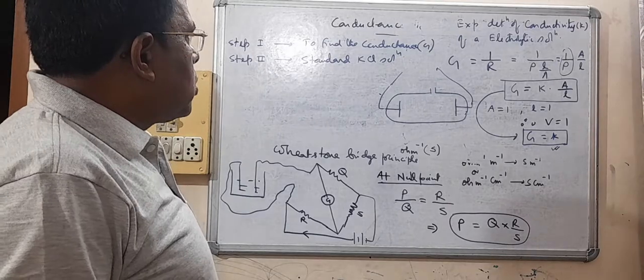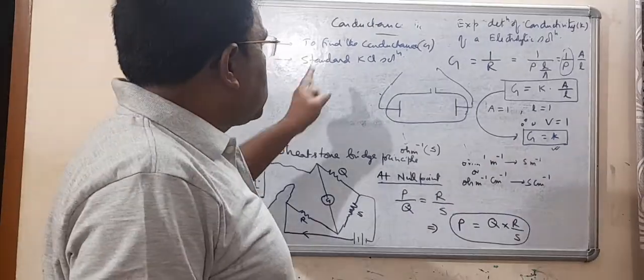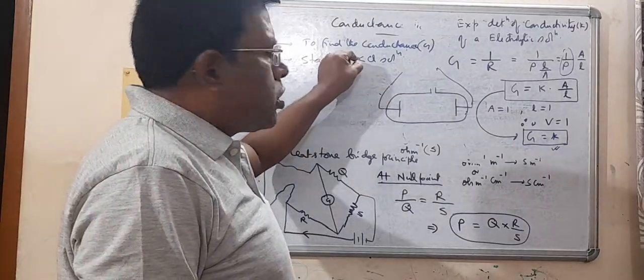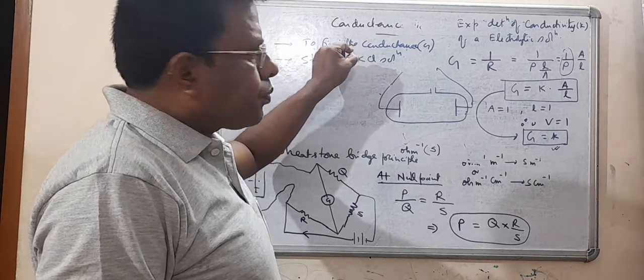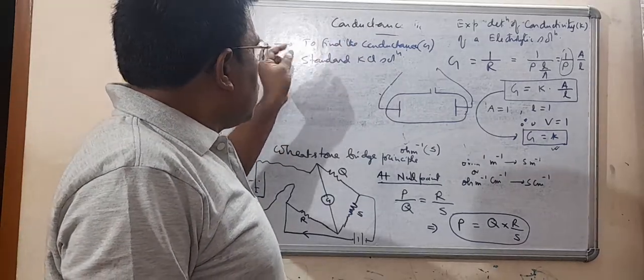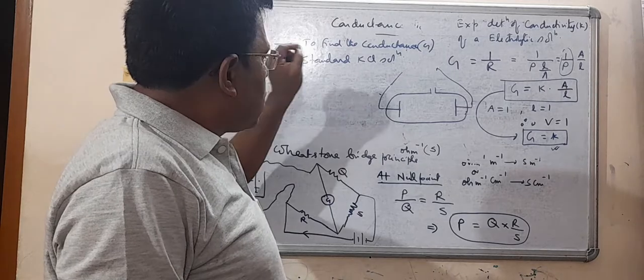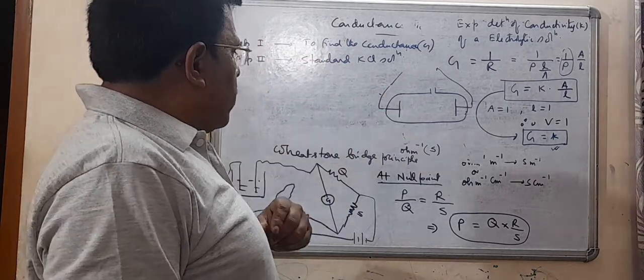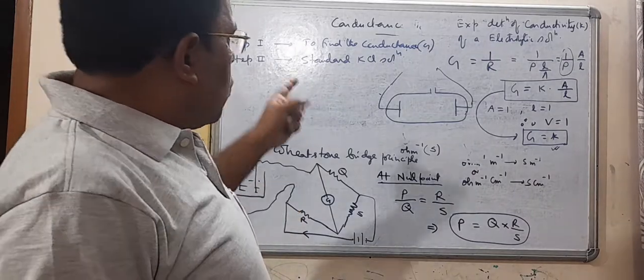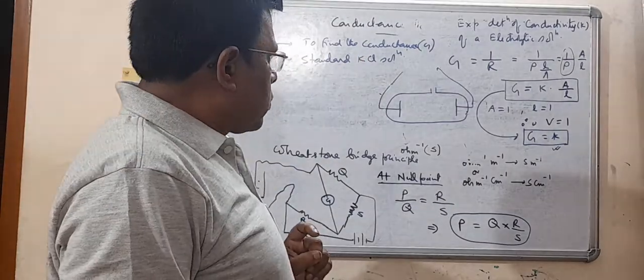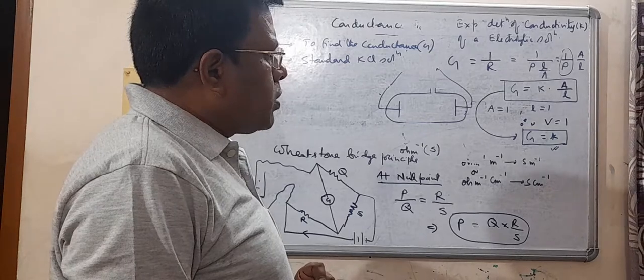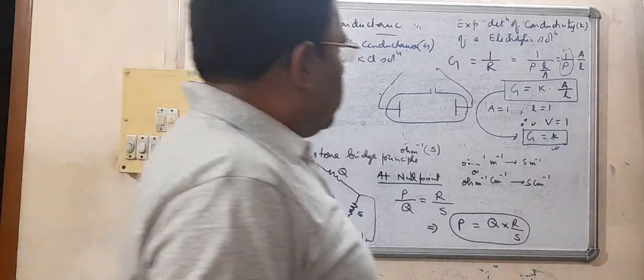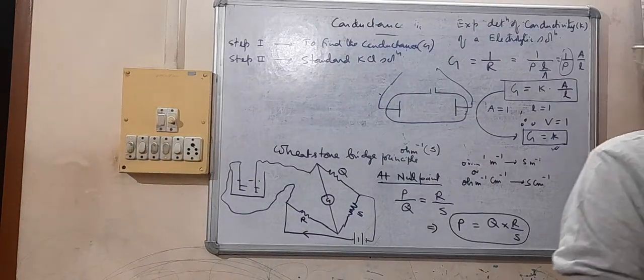Standard KCl solution means one whose concentration is known to us. Such a solution of KCl, we are putting it here. Now why are we using KCl? Let me explain this first.